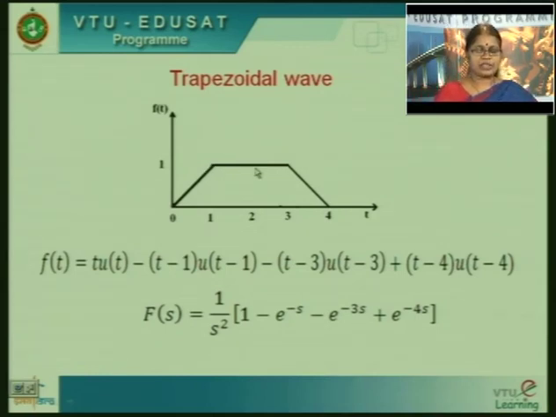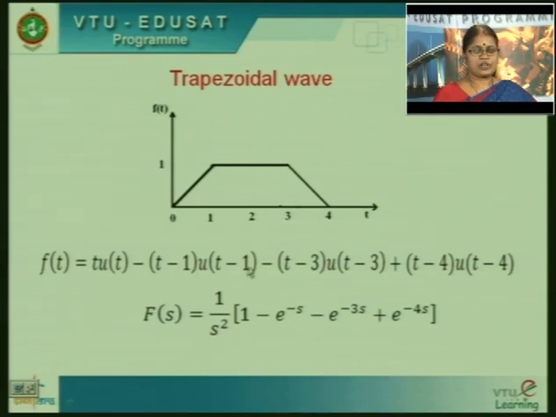To make this magnitude constant, equal to 1, that is to make the slope 0, with this t u of t we add a signal given by (t minus 1) u of (t minus 1).